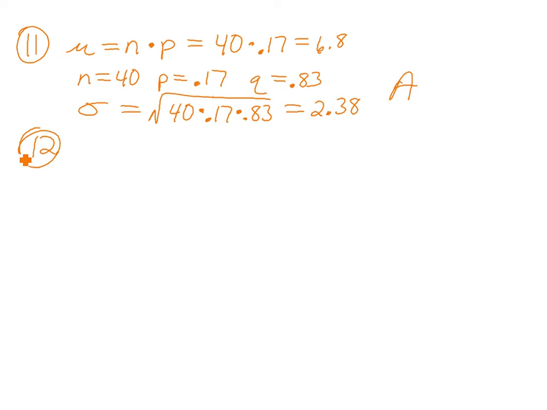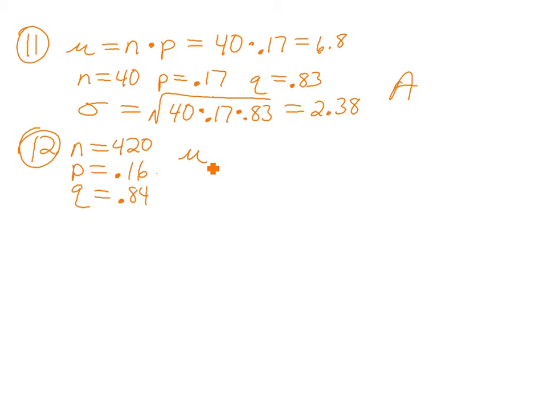Number 12. It's another binomial distribution, same idea as the last one. This time N equals 420, P equals 0.16, and Q equals, we subtract that from 1 and you get 0.84.